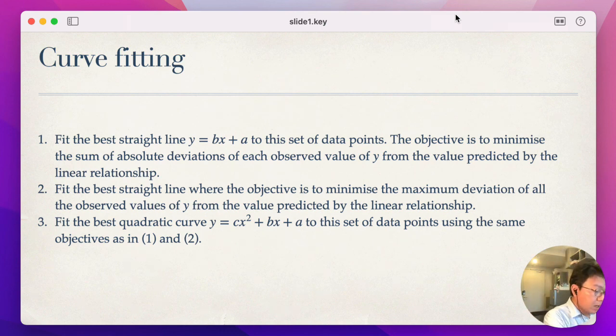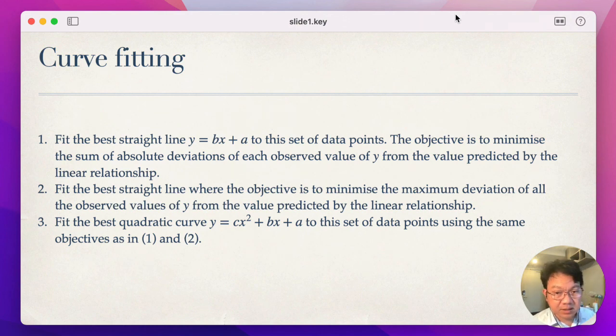So all we have to do, because we assume that E star is the maximum error, is to say that EI must be less than or equal to E star, right? And we want to minimize E star.